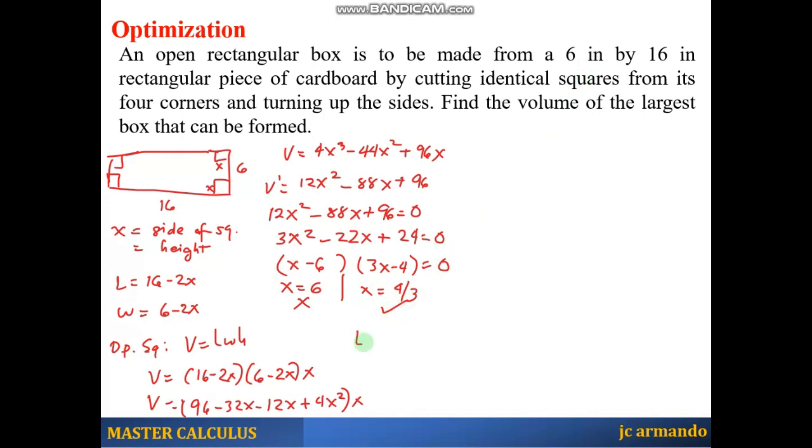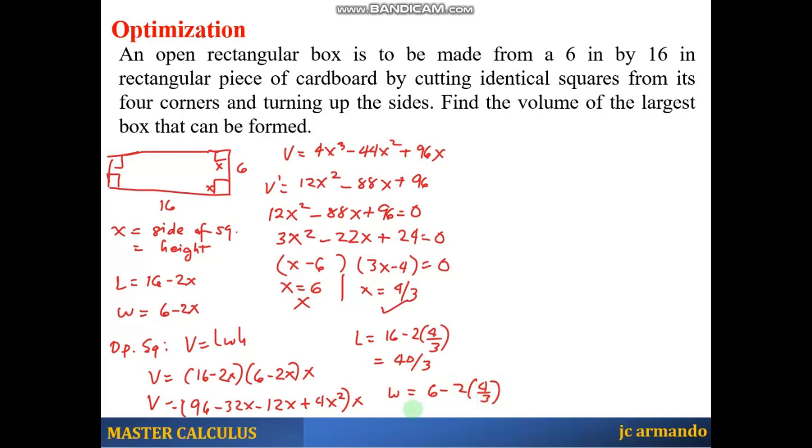So, anong length? Ang length natin dyan is 16 minus 2 times 4 thirds. So, pakicalculate na lang. The answer for that is 40 over 3. Then, ano yung width? That should be 6 minus 2 times 4 thirds.